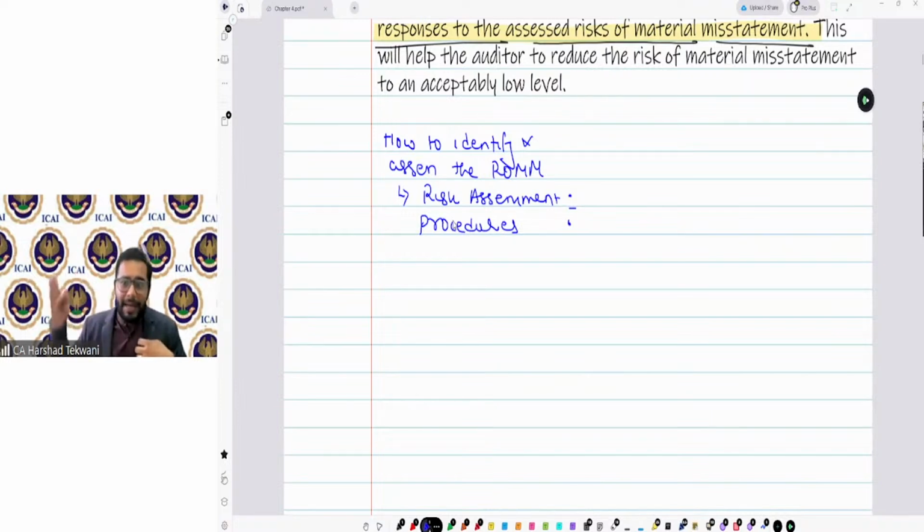I started from a point where I said this is a risk which is available. But how do you come to know about that risk? How do you come to know that the company processes non-PO invoices or PO invoices? There will be a lot of processes within the company that will be different from other companies. How will you come to know that there is a risk?